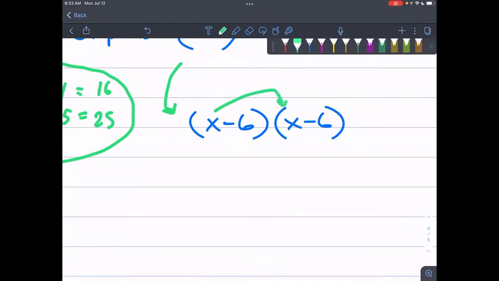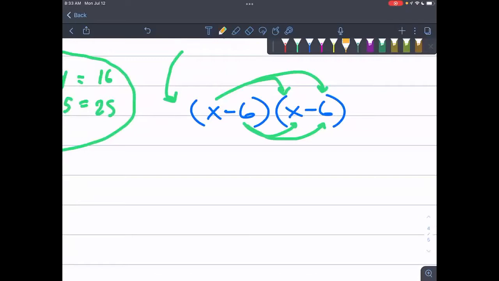You're going to distribute the x to both of those in the second polynomial, distribute the negative 6 after that. So starting with the x times x, x times negative 6.